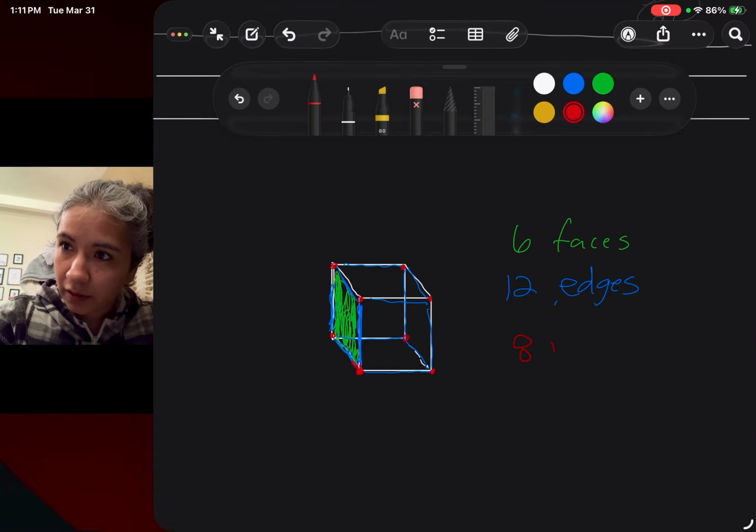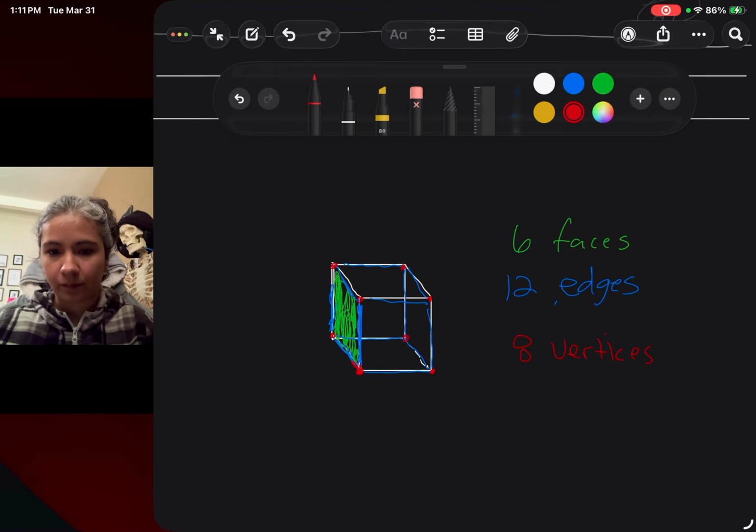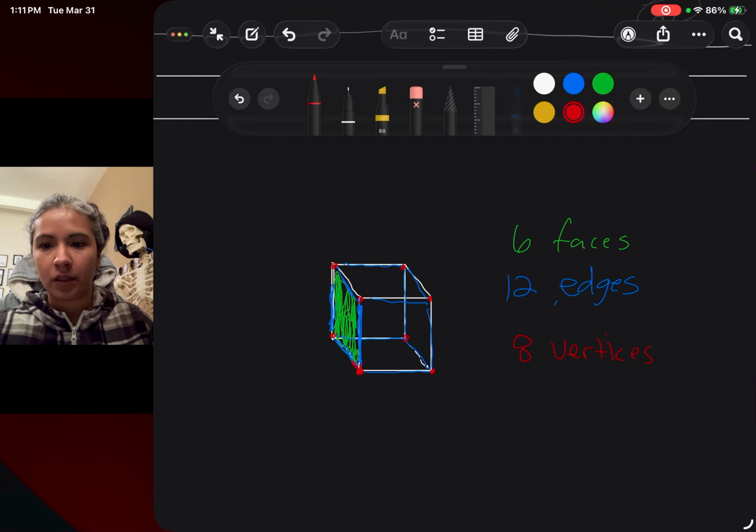Eight vertices, since there's more than one. Alright, so that's how we describe a polyhedron.